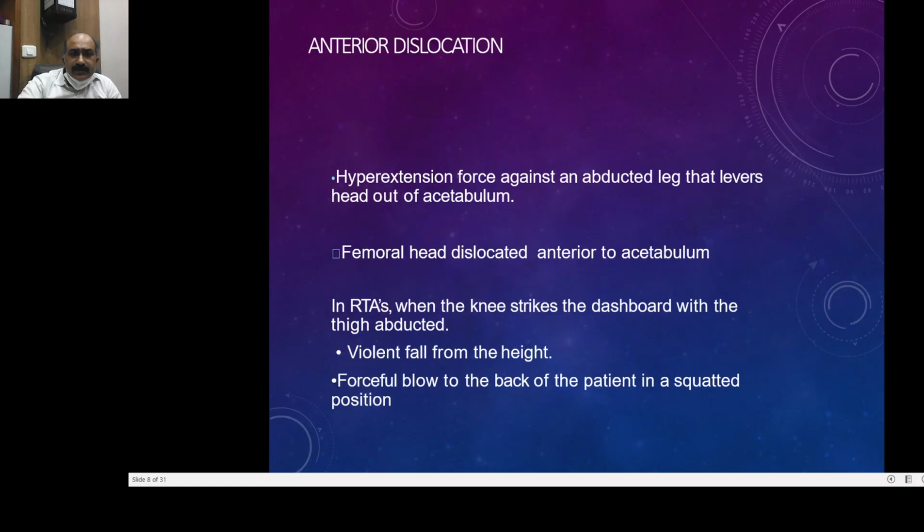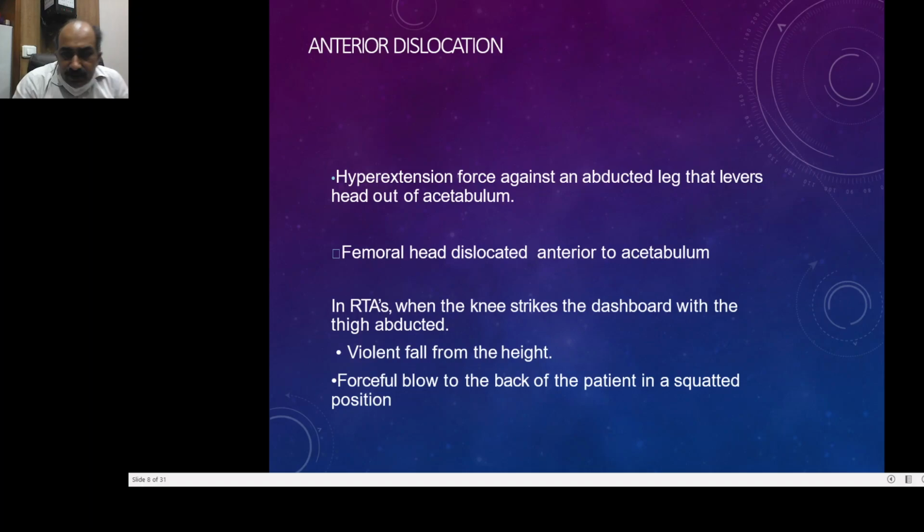Anterior dislocation is a hyperextension injury against the abducted leg that levers the head out of its acetabulum. Femoral head is dislocated anterior to the acetabulum.